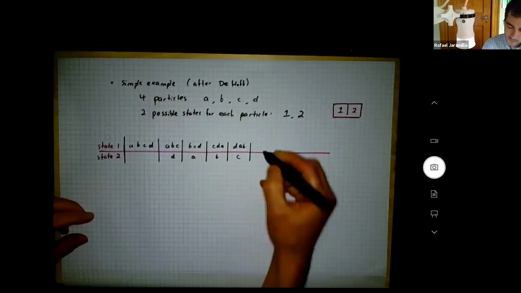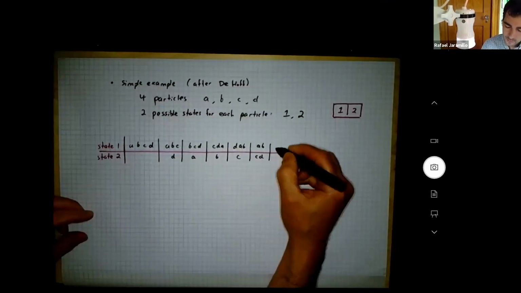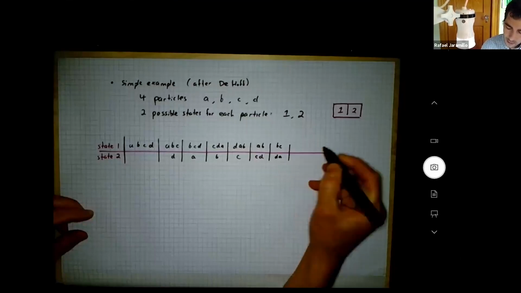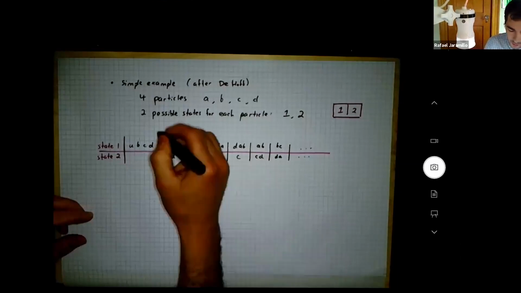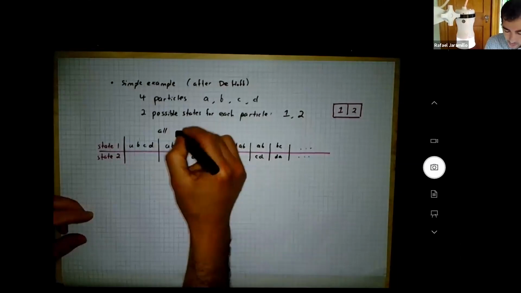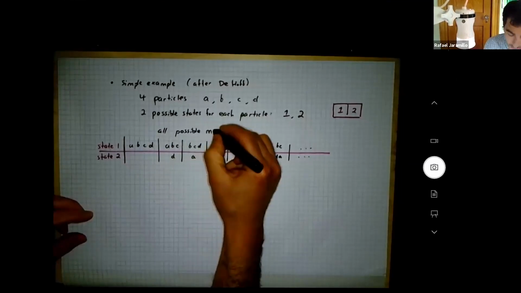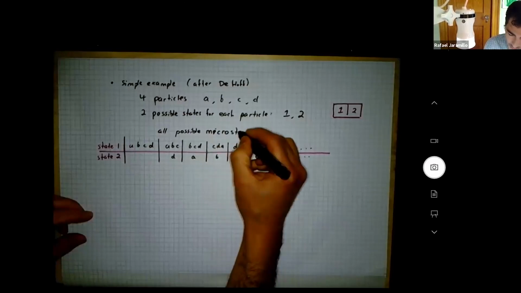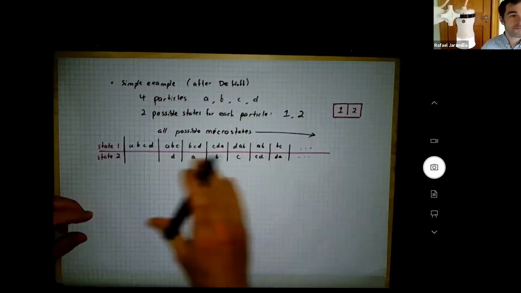We can have 2 particles in state 1. And I'm going to imagine you could continue filling this in if you wanted to. So these are a list of all possible microstates, right? You can imagine listing these up.